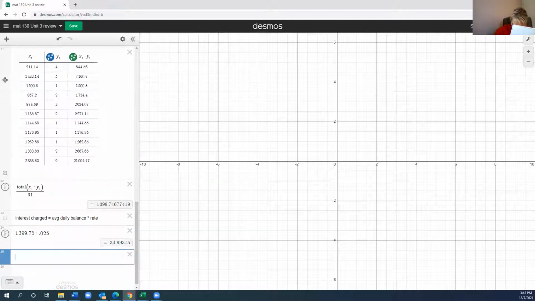And so our new balance on March 1st will equal my ending balance at the end, which was $2,333.83, plus the interest that I have to pay on my average daily.